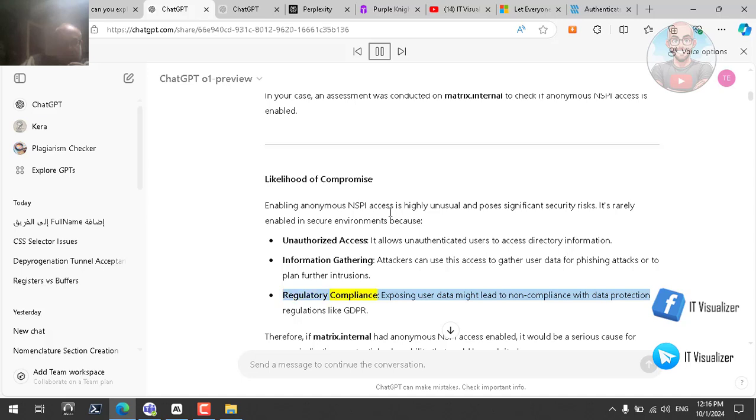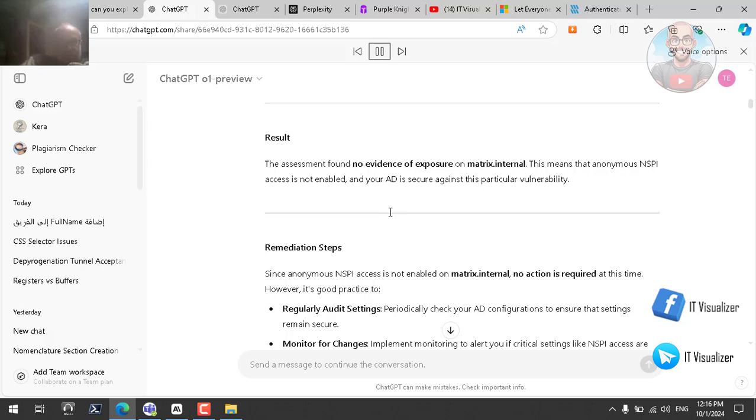Regulatory compliance. Exposing user data might lead to non-compliance with data protection regulations like GDPR. Therefore, if matrix.internal had anonymous NSPI access enabled, it would be a serious cause for concern, indicating a potential vulnerability that could be exploited. Result: the assessment found no evidence of exposure on matrix.internal.